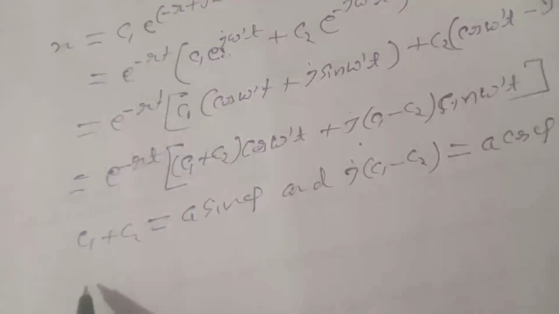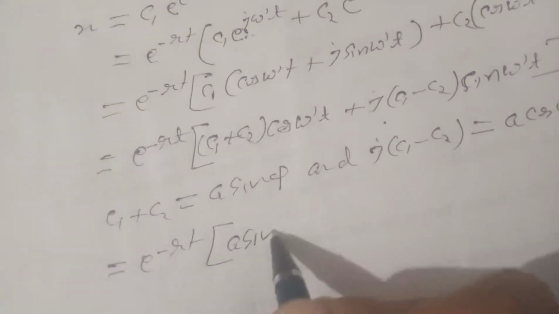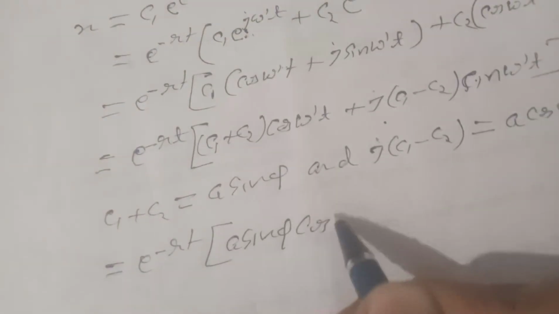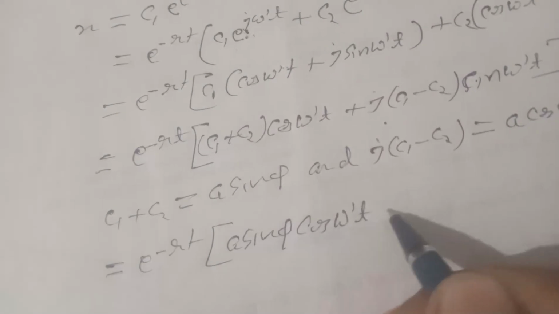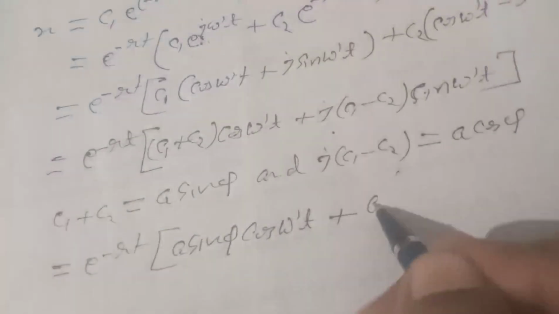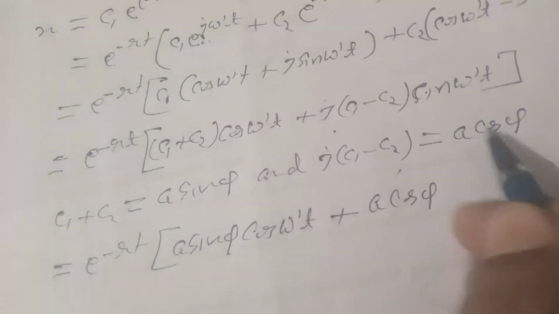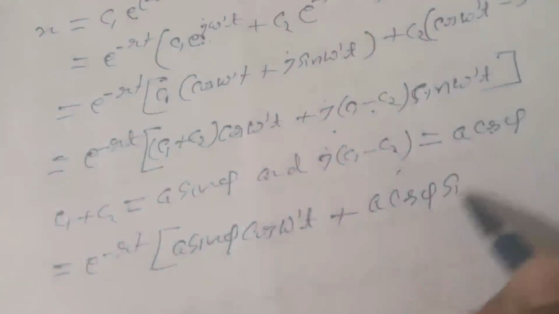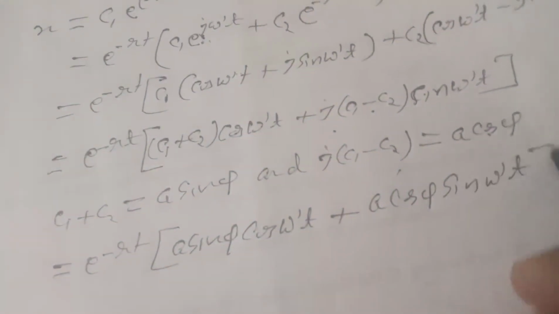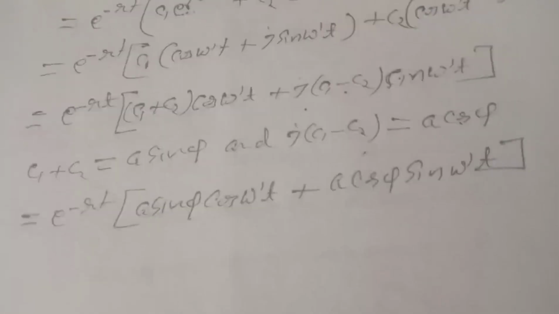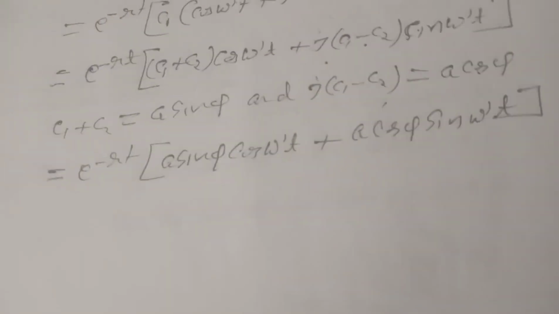The above equation will become e to the power minus rt, a sine phi cos omega dash t plus a cos phi sine omega dash t. Now this can be further simplified in a trigonometric form.